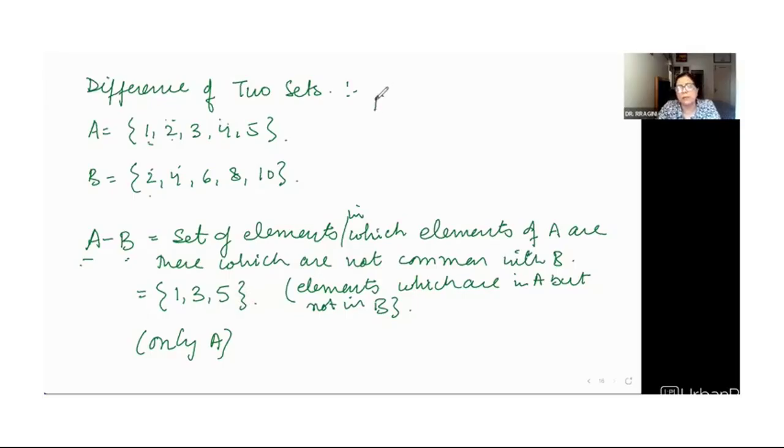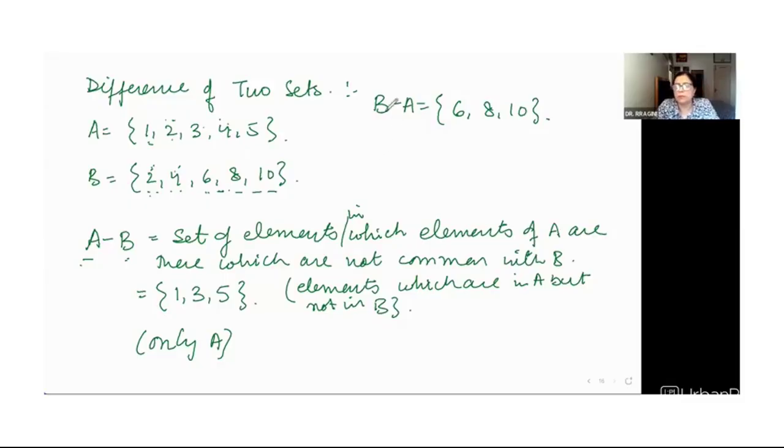Now if I write B minus A, what is B minus A? Elements which are in B but not A. So leave those elements which are common with A. Here also 2 and 4 are common. So leave those two elements and write only those which are in B but not A. That is 6, 8 and 10.